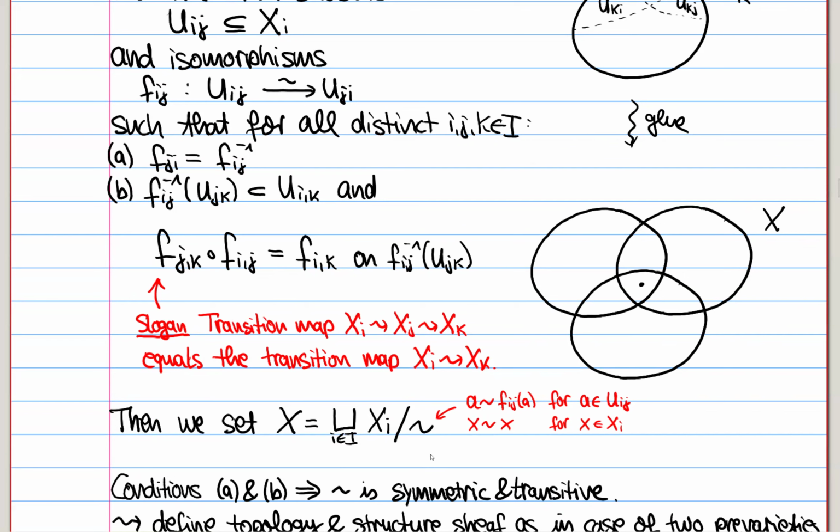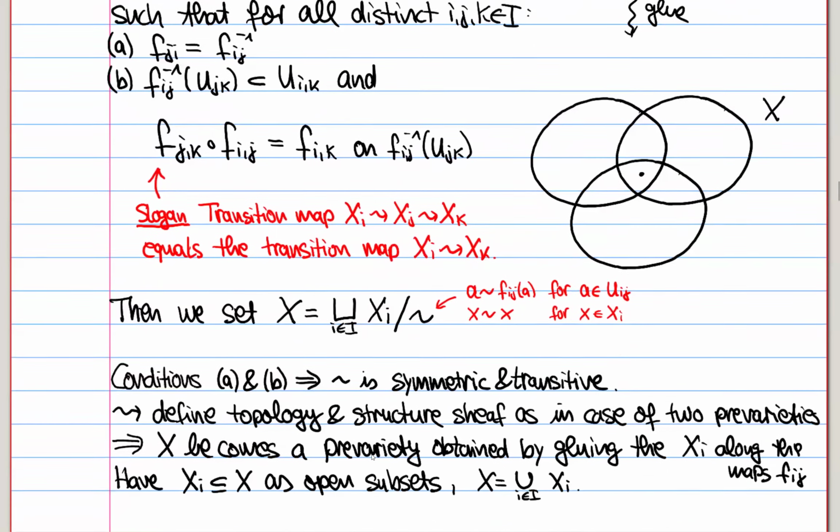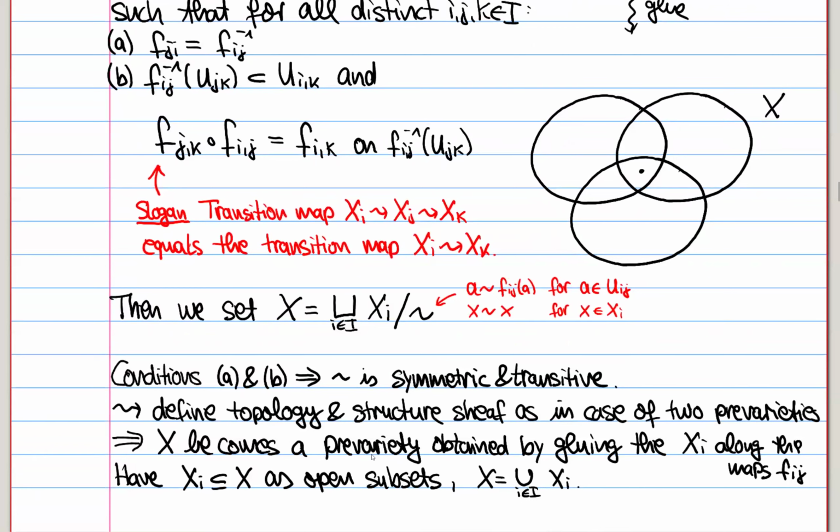So we get a well-defined set X as before, and then we can define the topology and the structure sheaf just as we did in the case of two prevarieties. And that makes X into a prevariety obtained by gluing the Xi along these identification maps Fij. And you can see all of the Xi as open subsets, even as ringed spaces, in this new prevariety X.